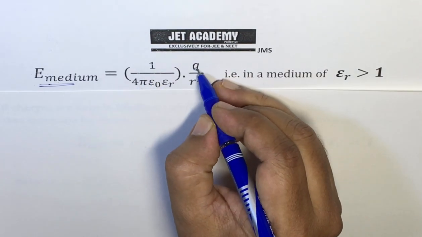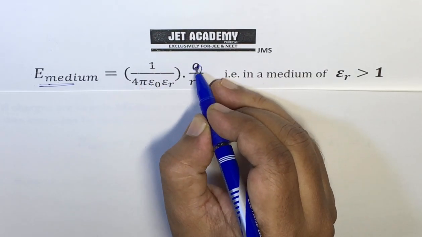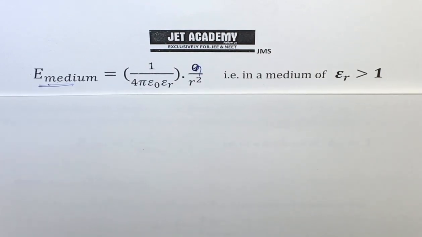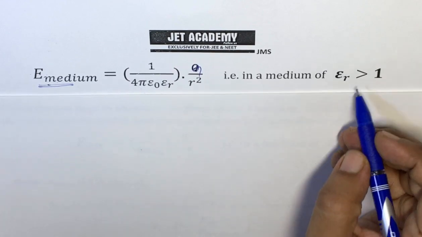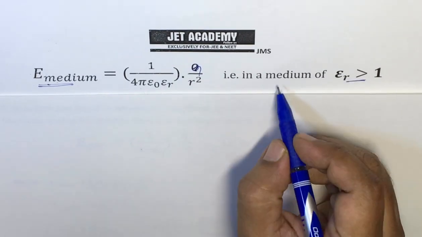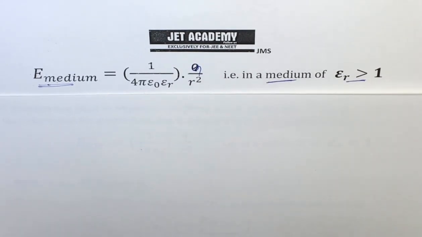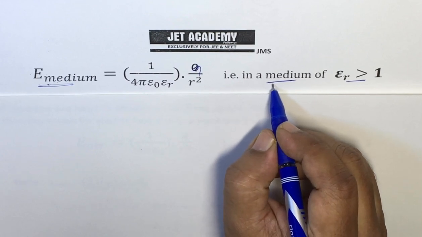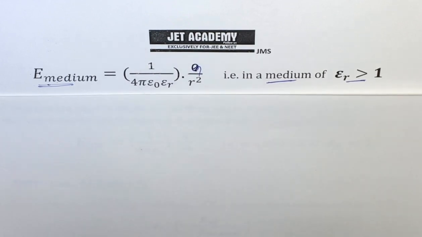This is the source charge, which I have noted as a capital Q. In a medium, epsilon r is the dielectric constant or relative permittivity of the medium. It is equal to 1 for vacuum and greater than 1 for any other medium, other than vacuum, air or space, as we discussed in electric charges.